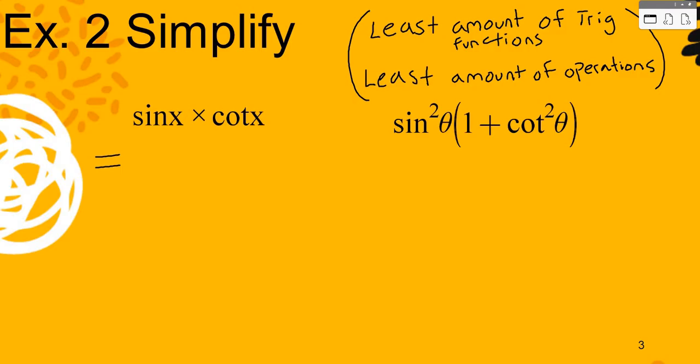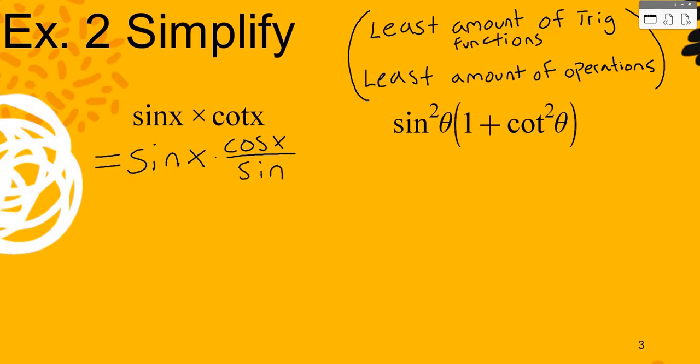Okay. So is there a way that we can rewrite cotangent using sines and cosines? Yeah, cotangent is equal to cosine over sine.